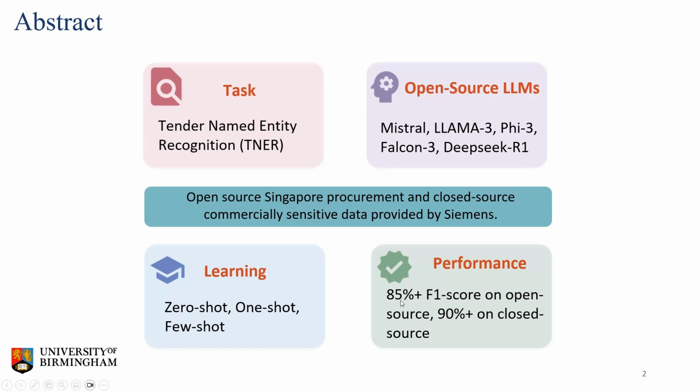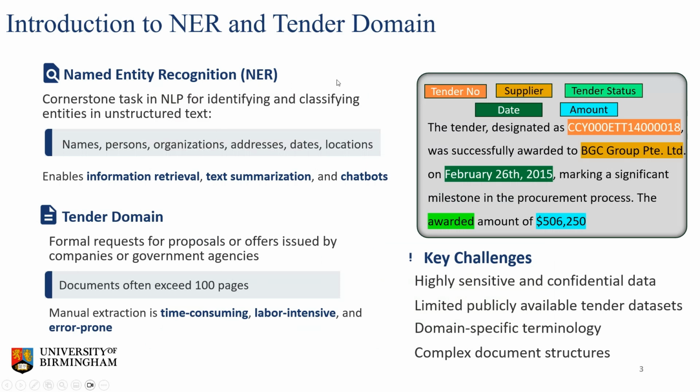As a result, we have achieved 85% plus F1 score on the open source dataset and 90 plus F1 score on the closed source dataset.